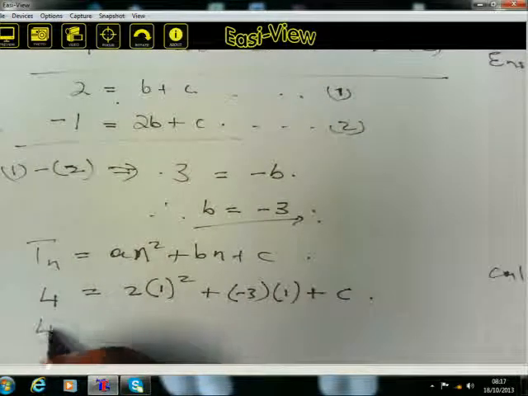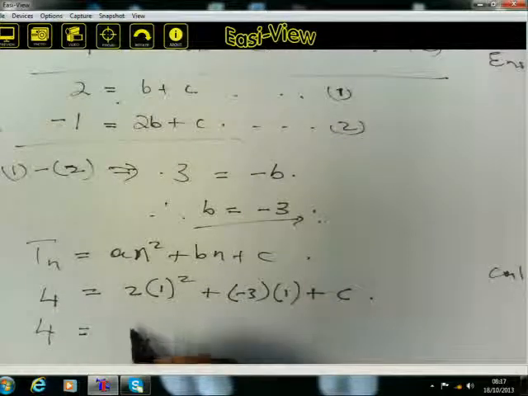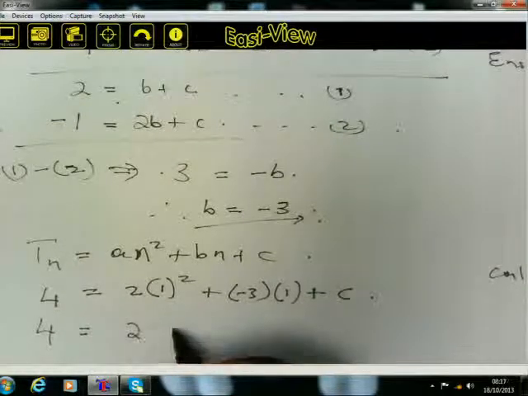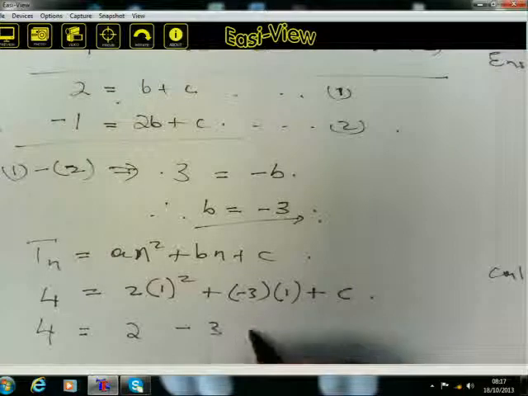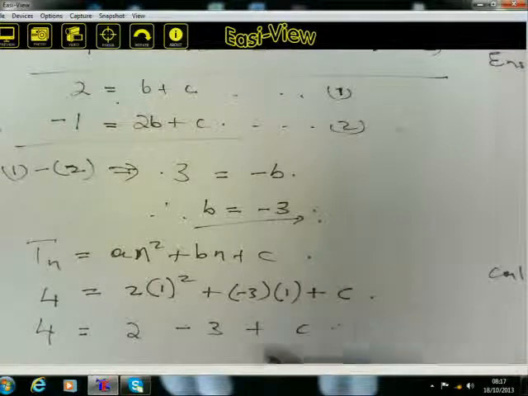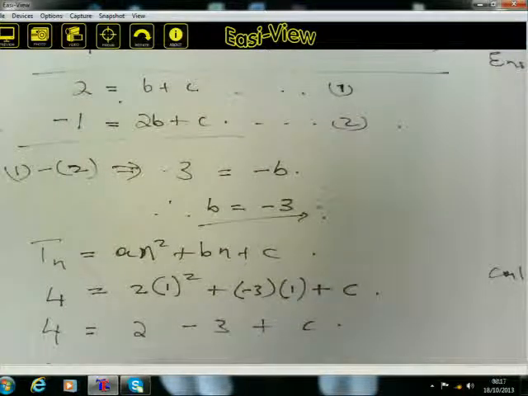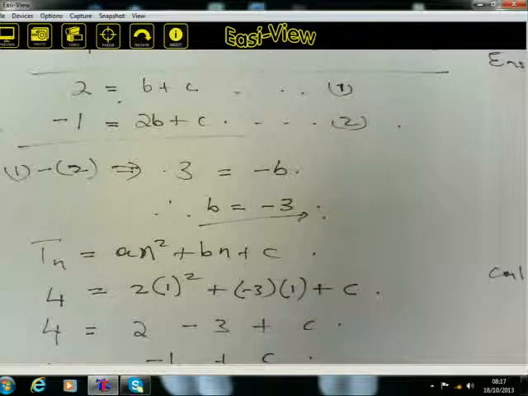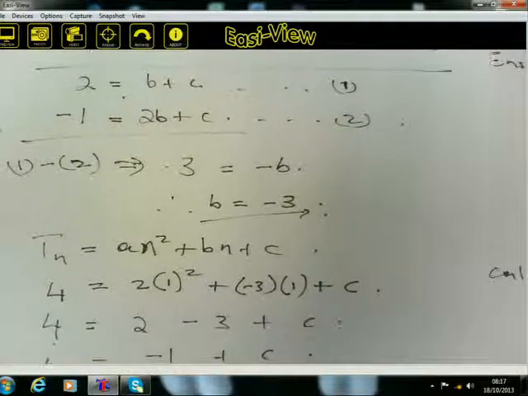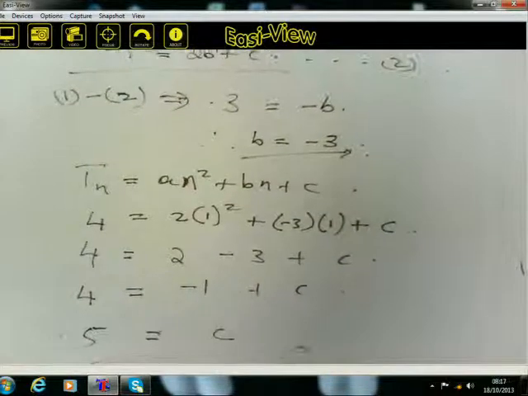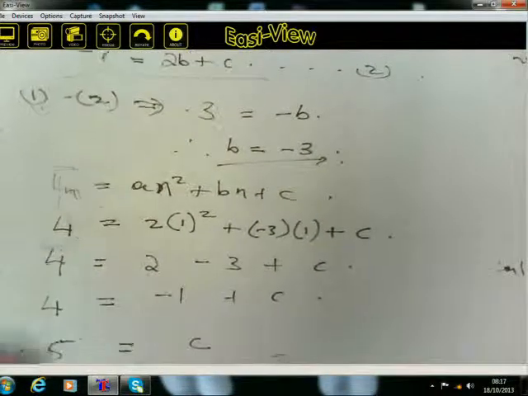This is going to be 4 into 2 minus 3 plus c. And then 4 equals 2 minus 3, which is minus 1, plus c. Obviously, then c will be equal to 5. Now, if c is equal to 5, let's see the equation.